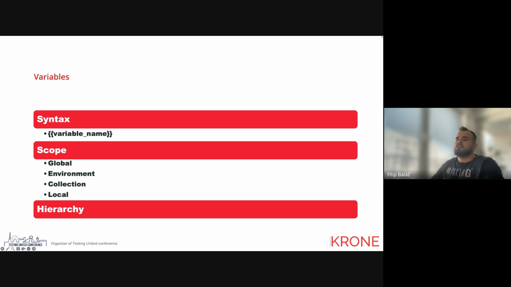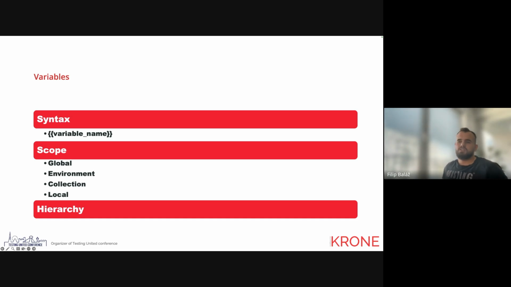Okay, so the basic syntax of the variables in Postman is also pretty straightforward. In the beginning, you type two curly braces and the variable name that you have named your variable, and in the end, also two curly braces to close it. Okay. In Postman, we know different scopes of variables, and these are pretty self-explanatory.